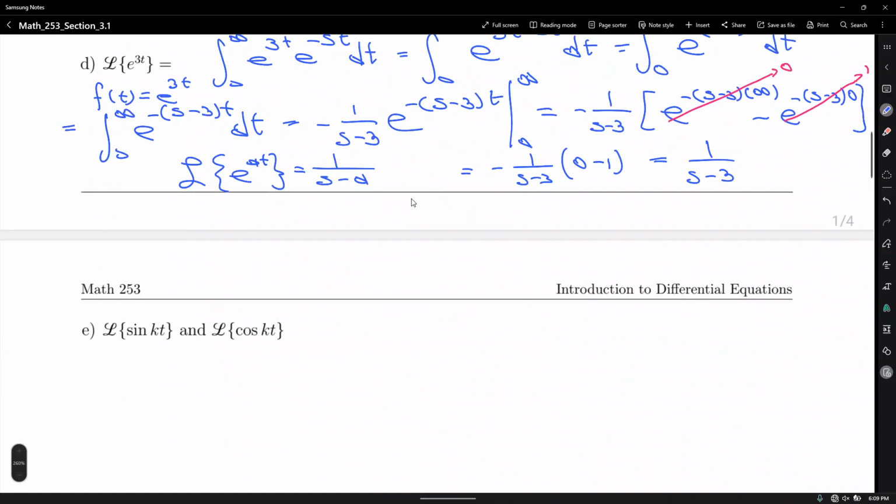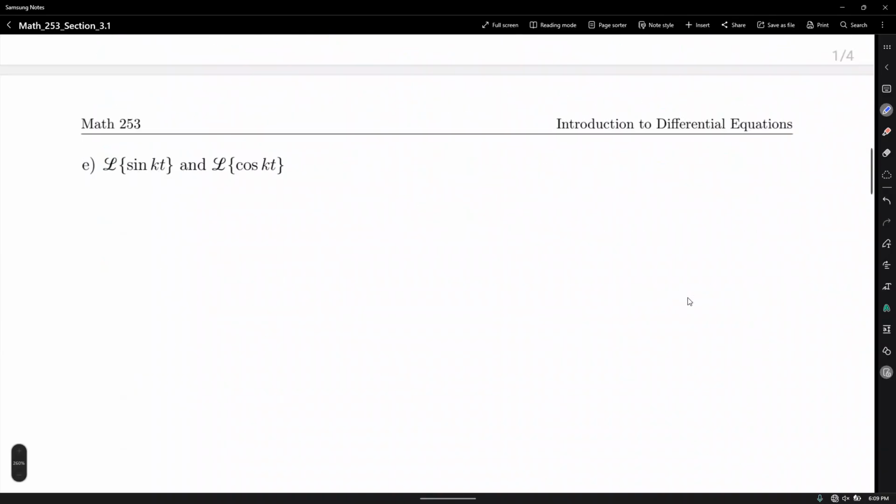Okay, the next one, the Laplace transform of sine and cosine. Check this out. Let me actually do it up here. That'll be the integral from 0 to infinity of sine kt e to the negative st dt.